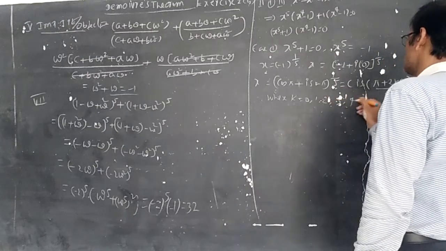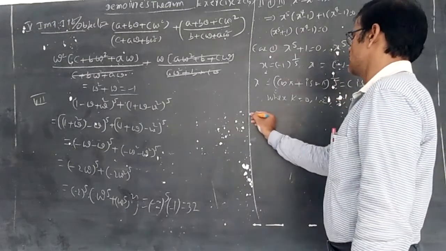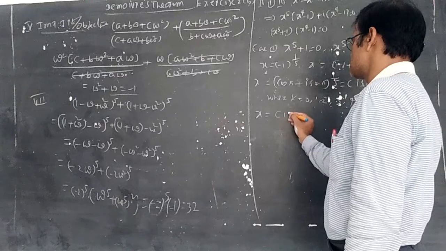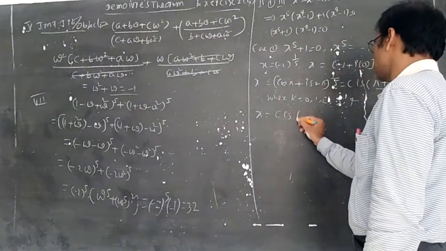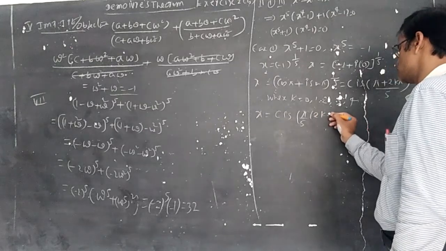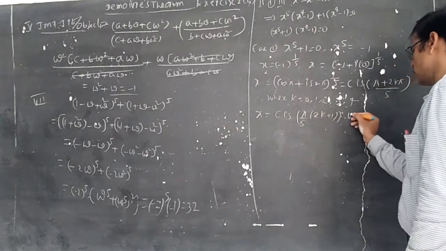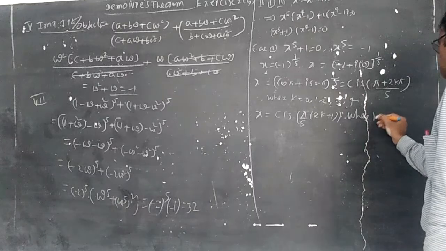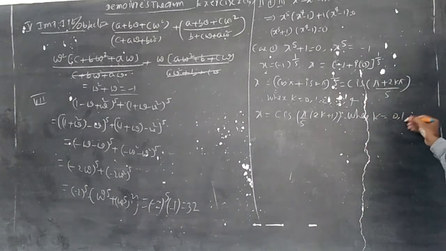That's all. Therefore, x is equal to cis of pi by 5 taken common within the brackets, 2k plus 1, where k is equal to 0, 1, 2, 3, 4.